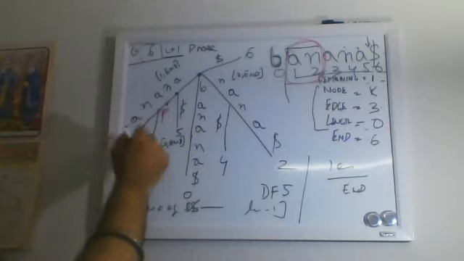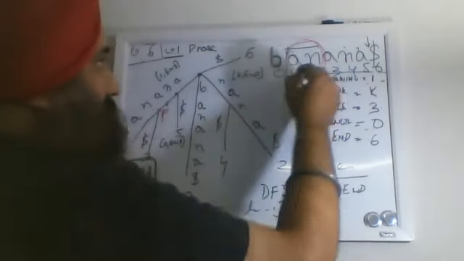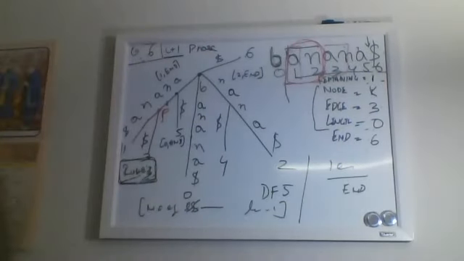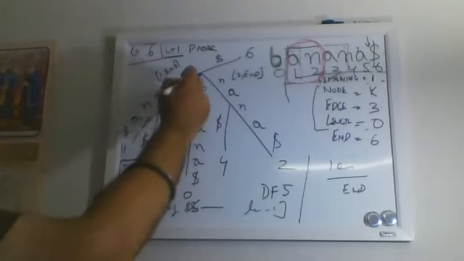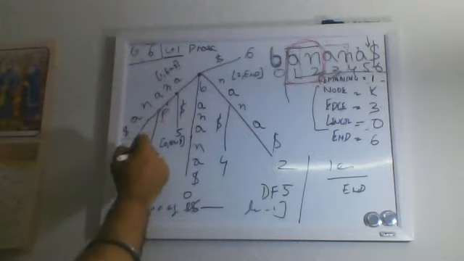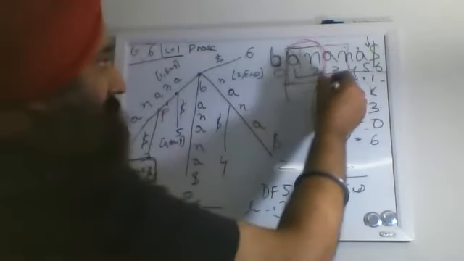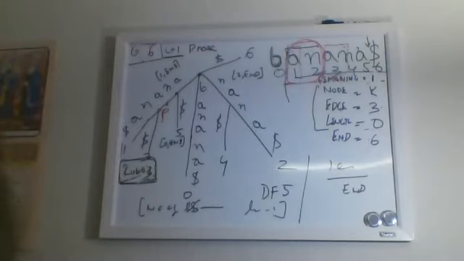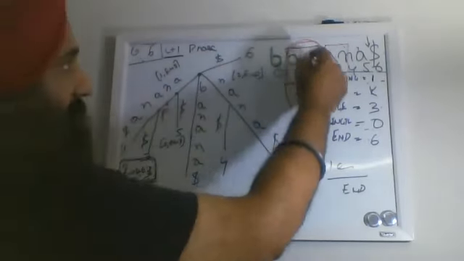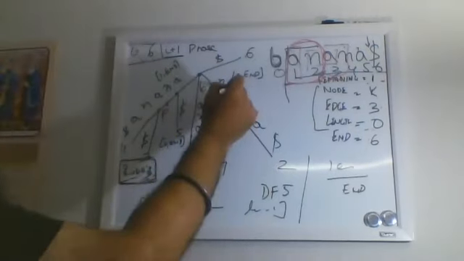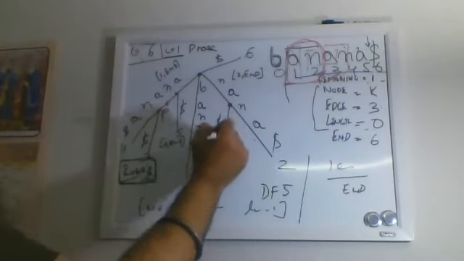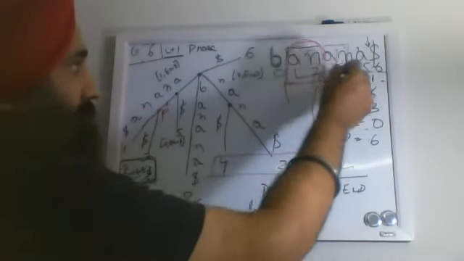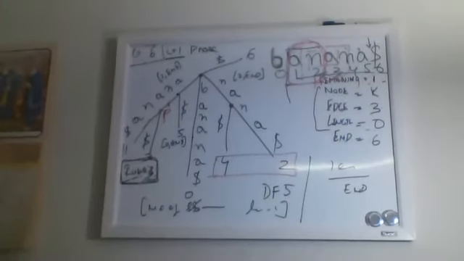All the leaves in this subtree will give you positions 1 and 3. Suppose you have to find A and A, again 1 and 3. Suppose you want to find all the occurrences of NA. Start from N, A. All the leaves will give you 2 and 4, right?